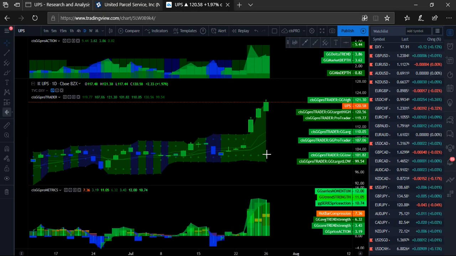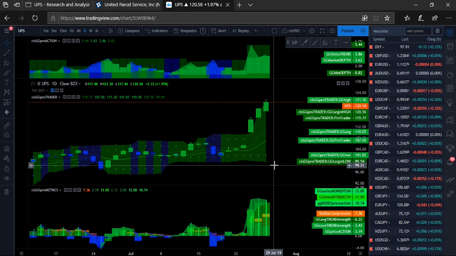Our momentum metric is at 110.05. The Pro Trader GG average, which is the inversion momentum curve, and what the Stoxometer is telling us is this is where UPS needs to be trading, between this 107 to 110 range. All right? So that's what UPS looks like with the TradingView Toolkit.